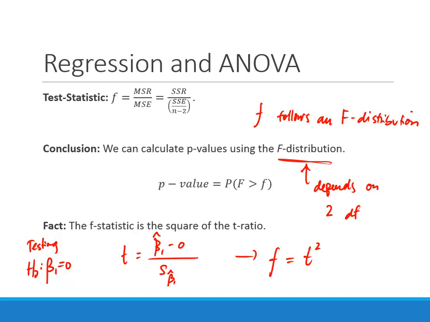What JMP will give you is the exact p-value. So that's another reason to use the technology output. P-values are found in different ways depending on the distribution of your test statistic, but it always means the same thing. So once you get a good understanding of that, when you encounter p-values later, you should have a good understanding of what that means.